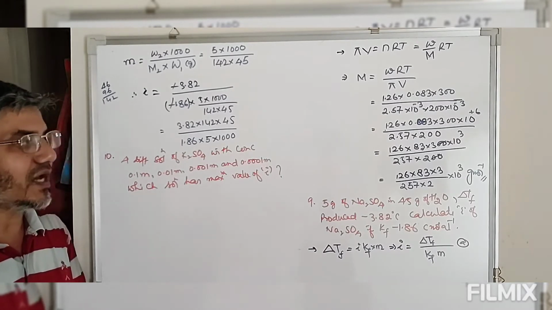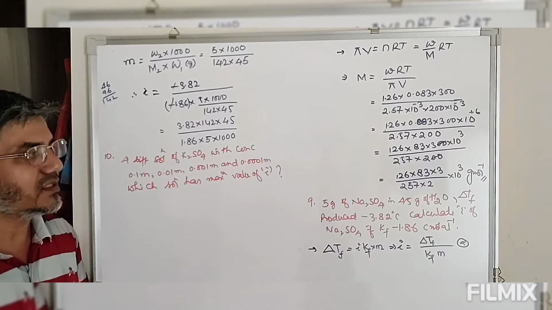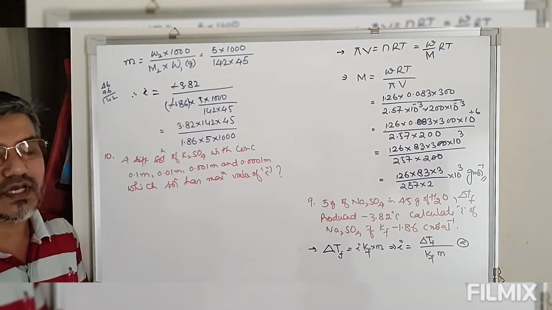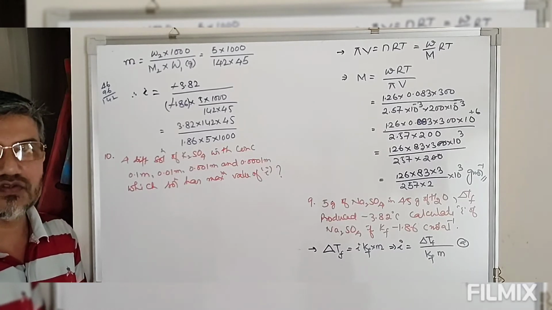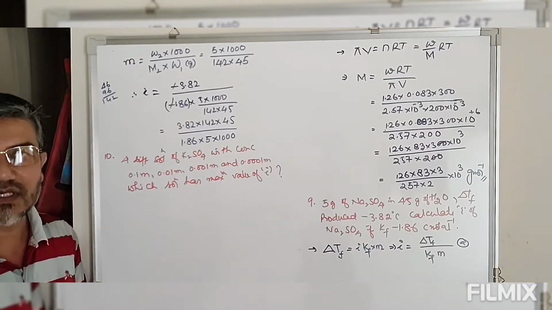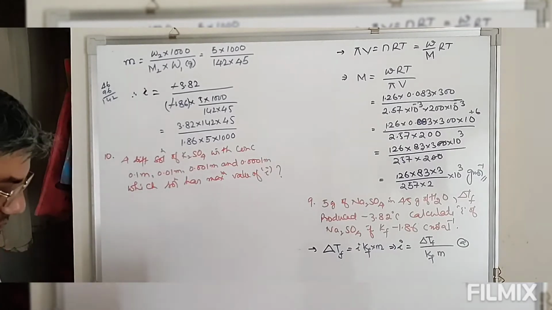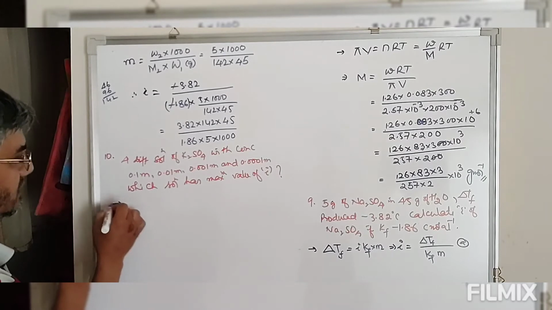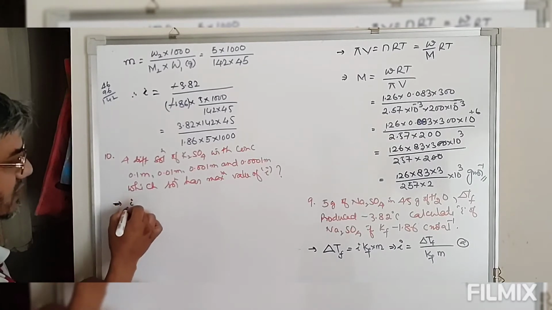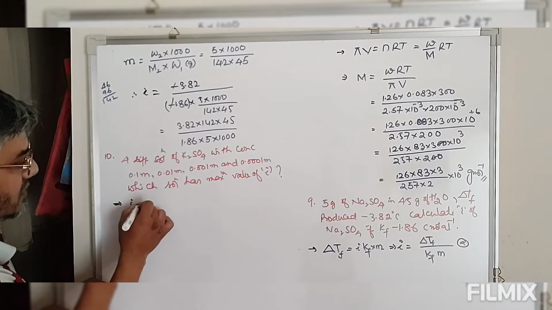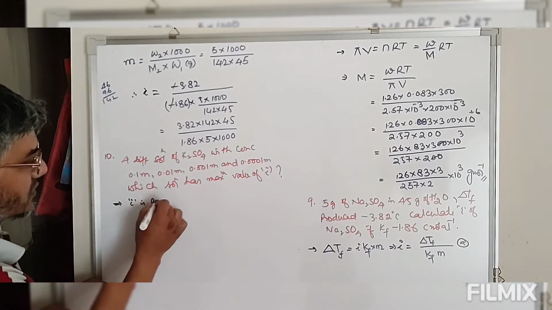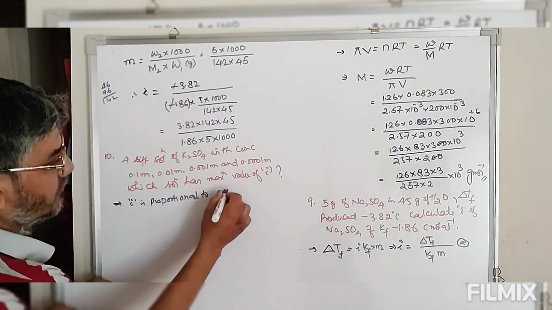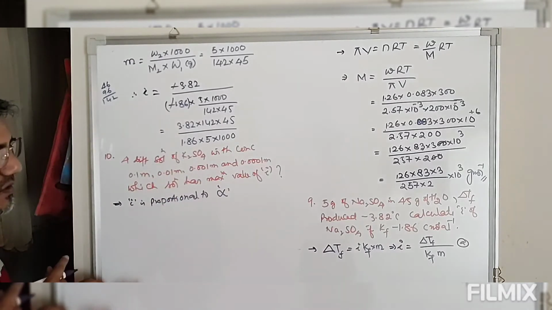Van Hoff factor I depends on the degree of dissociation. Now for electrolytic solution, the degree of dissociation alpha increases with dilution. So now look at this. I is proportional to alpha, that is degree of dissociation.